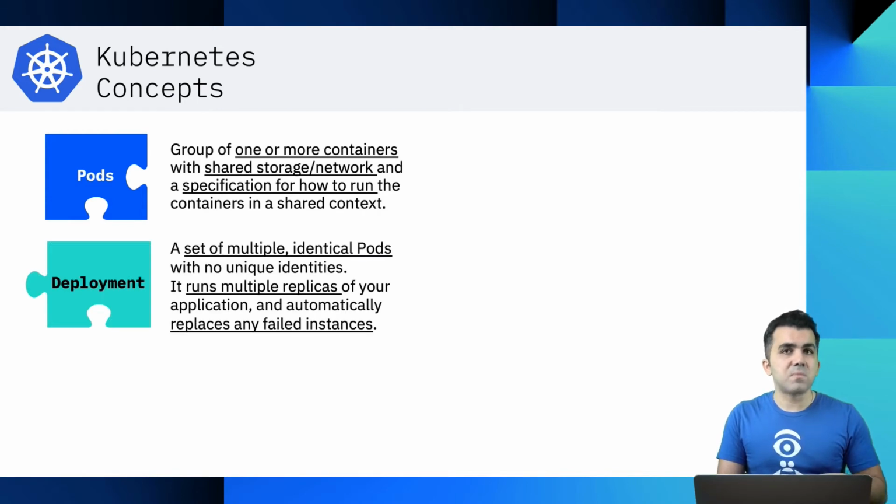Deployment. The deployment basically controls the creation and state of the containerized application and keeps it running. It specifies how many replicas of a pod should run on a cluster. If a pod fails, the deployment will create a new one.